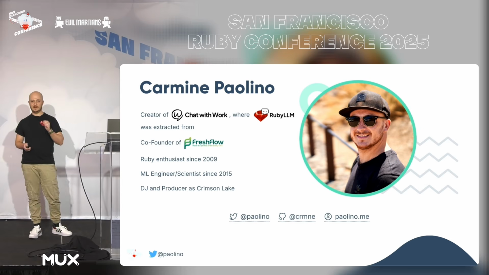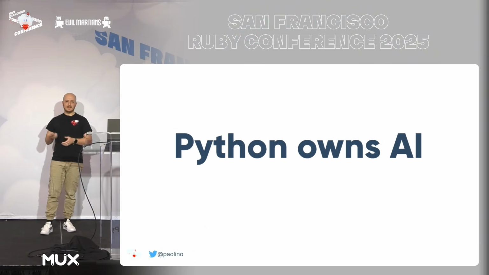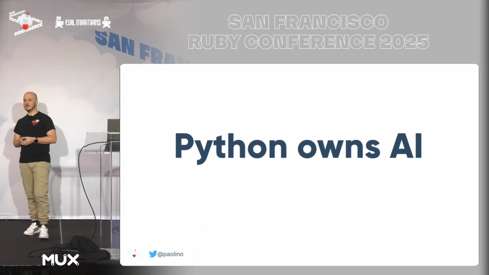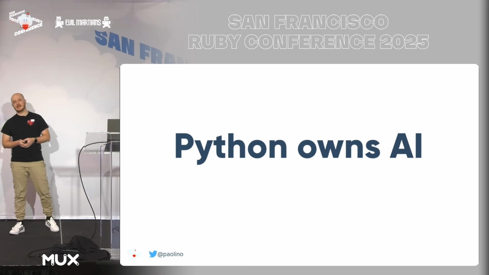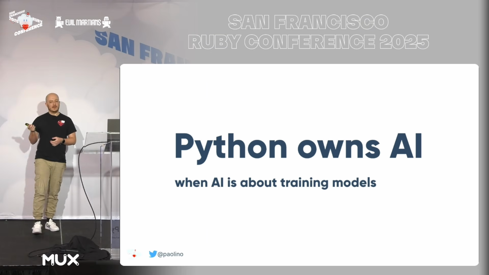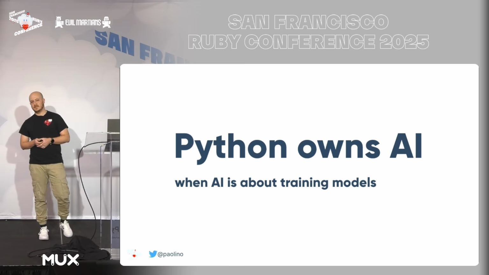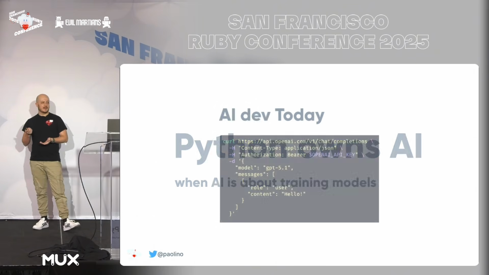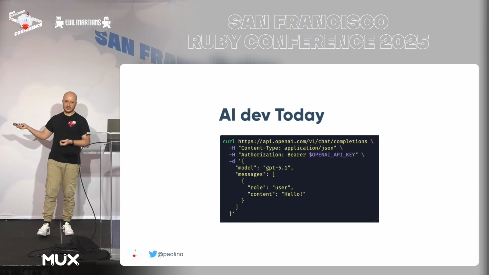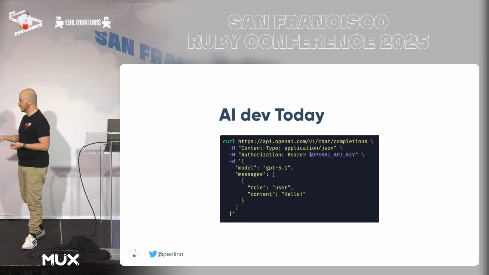But all this time I was in Python AI land, and I have to say, Python owns AI when it's about training models. Now with the LLM age, models cannot be trained anymore. They're too big, too expensive to train. So AI development today looks like this: it's just API calls.